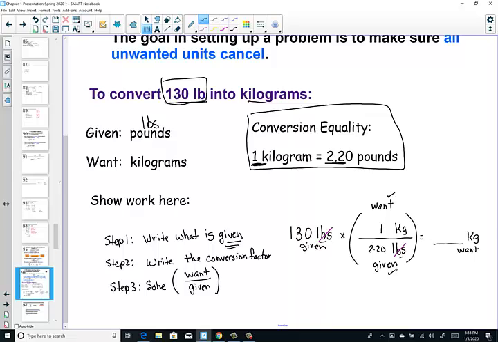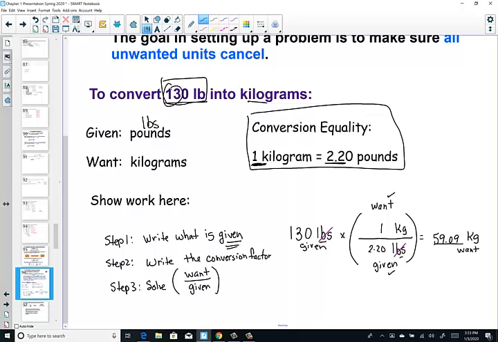Now on my calculator, 130 times parenthesis 1 divided by 2.20. And my screen reads 59.0909. And let's consider sig figs. In the number itself, we were given 2 sig figs from 130.